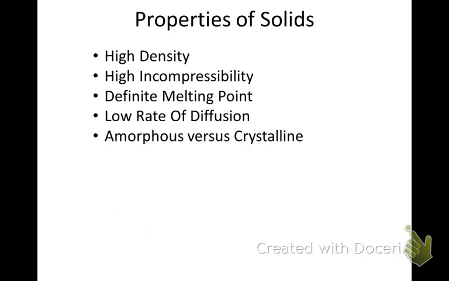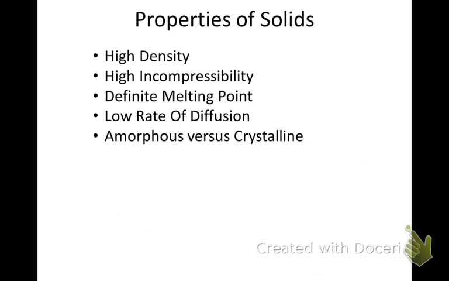Probably one of the big different properties of solids is that they have two different forms. One's known as an amorphous form, and another is called the crystalline form. The reason we bring this up is because the difference between amorphous and crystalline can be a very big difference in what the solid looks like.